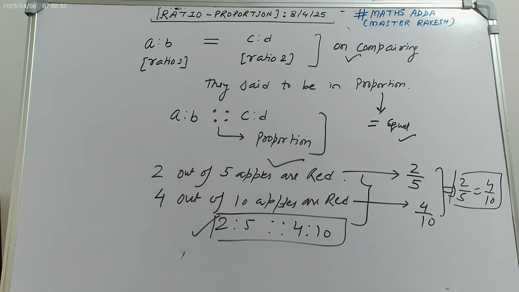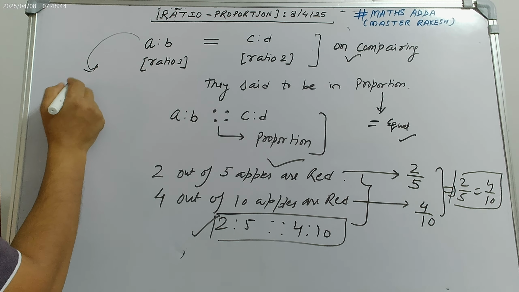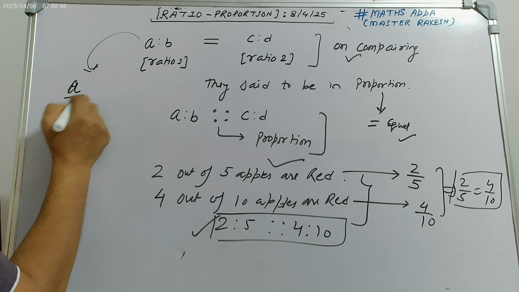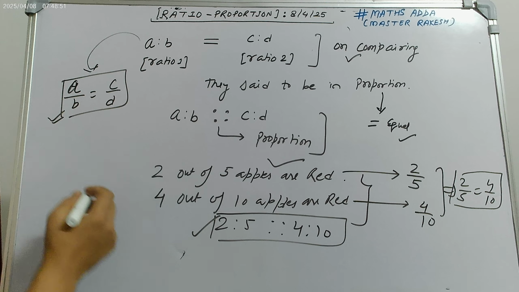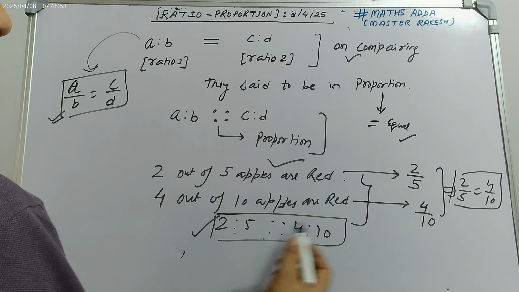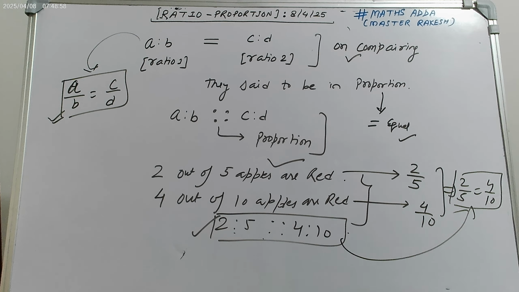If there are A, B, C, D, and A ratio B equals C ratio D, then A, B, C, D are in proportion. It can also be written as A upon B equals C upon D, the same way 2 upon 5 equals 4 upon 10. Ratios are also expressed as fractions.